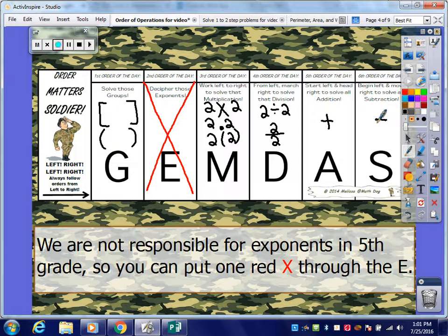So to help us remember the order, we are going to take our markers and shade them differently. So with your blue marker, shade over the G. Groups is the very first step that we're going to use, and we'll see practice problems in a little bit, and it'll help make more sense to you then.